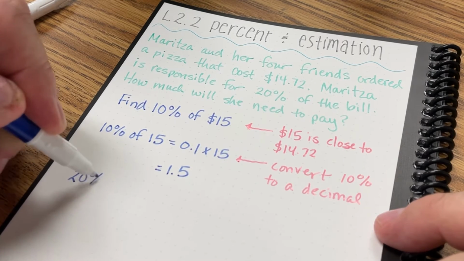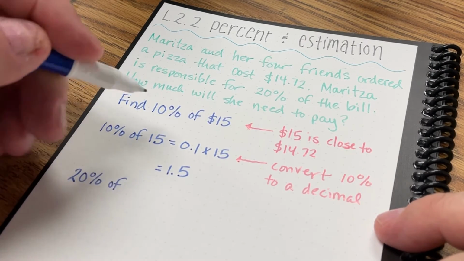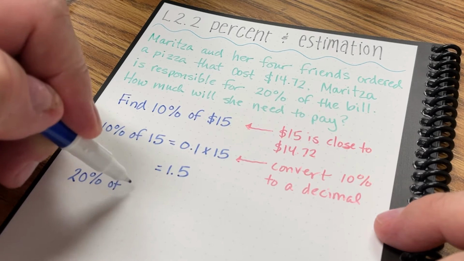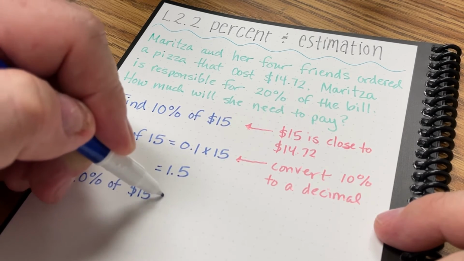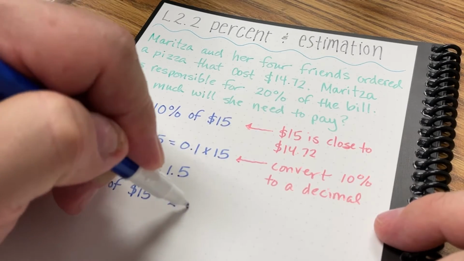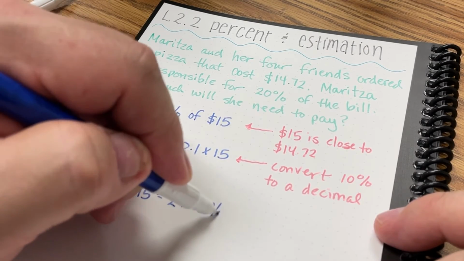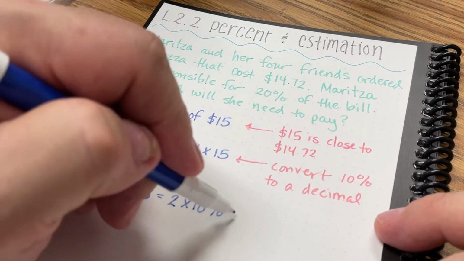Since I've already found 10% of 15, I'm now going to find 20% of 15. And 20% is just 2 times 10% of 15.